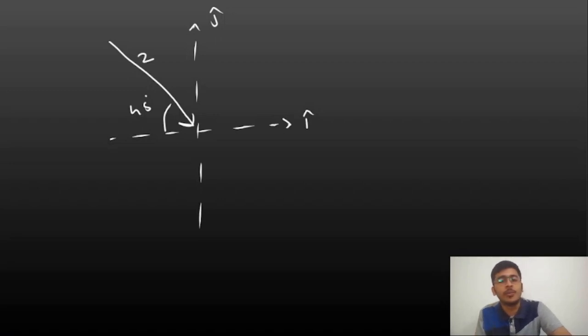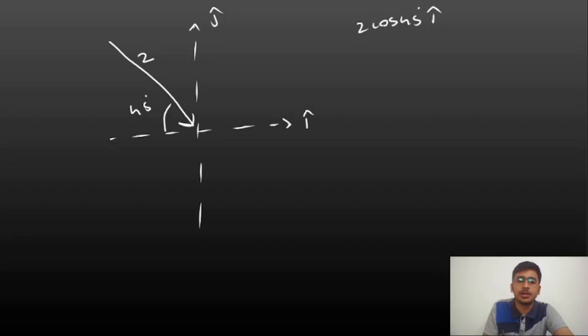So it has two components, 2 cos 45 and 2 sin 45, right? So I'll write 2 cos 45 degree i cap minus 2 sin 45 degree j cap, correct? This is my vector A.